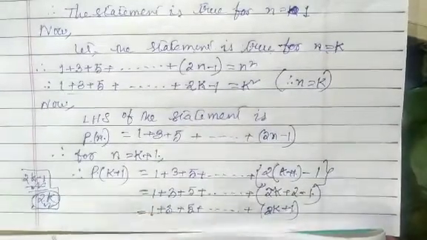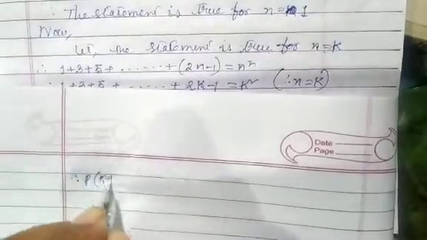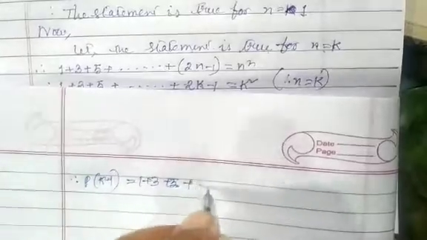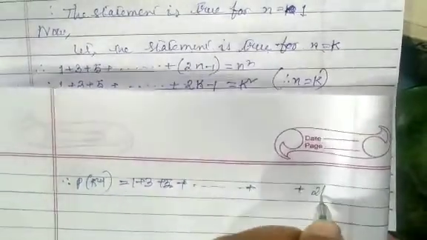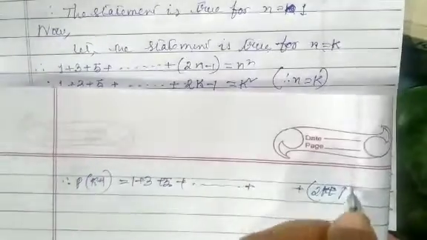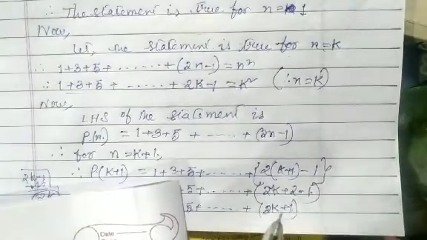What was there? 1 plus 3 plus 5, right? Okay, so therefore P of k plus 1 is equal to 1 plus 3 plus 5 plus dot dot dot plus twice k plus 1. You can see twice k plus 1 is there.